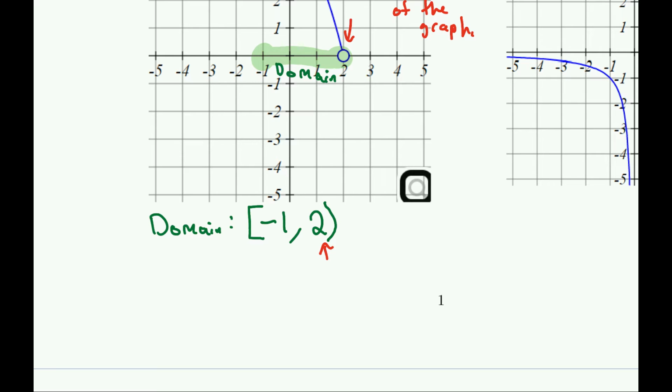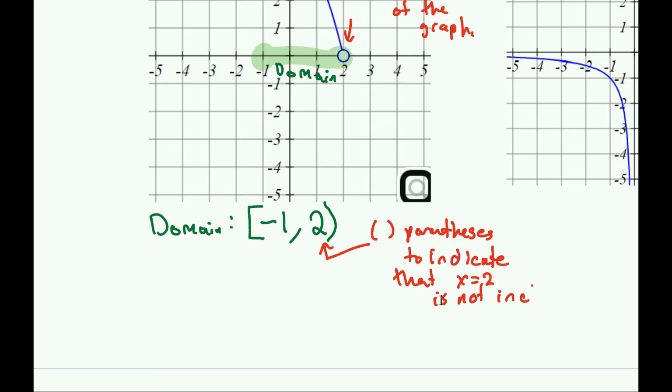The way you'll remember this is that parentheses indicate that the point is not included, and square brackets indicate that the point is included. So you've got to be careful to use 2 with the parentheses here, to indicate that x equals 2 is not included.